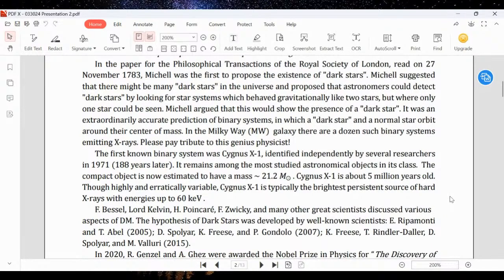The compact object is now estimated to have a mass of 21.2 solar masses. Cygnus X-1 is about 5 million years old. Though highly and erratically variable, Cygnus X-1 is typically the brightest persistent source of hard X-rays with energies up to 60 kiloelectron volts.